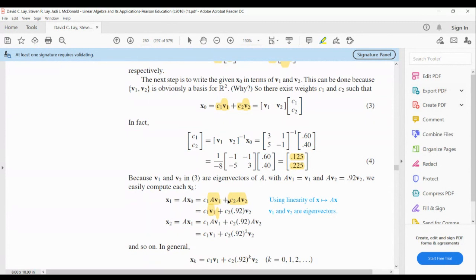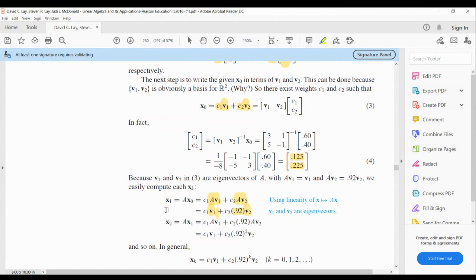So A times V1 equals 1 times V1 because 1 is an eigenvalue and V1's an eigenvector, and that's the definition of eigenvectors. V2 is an eigenvector, lambda 2 is an eigenvalue, hence A times V2 equals 0.92 times V2. That's by the definition of eigenvectors.